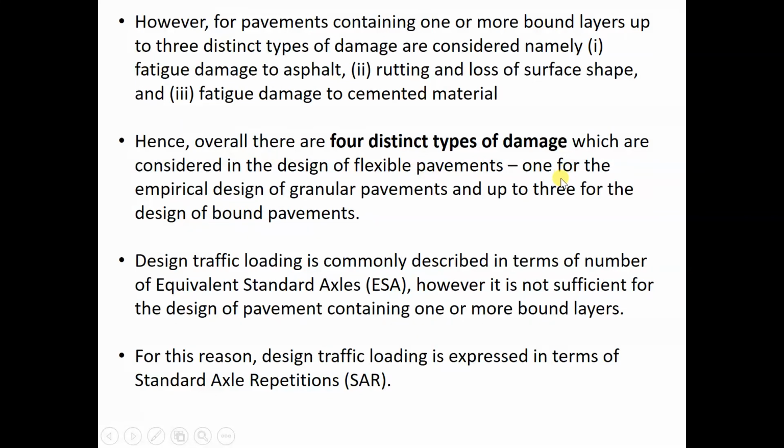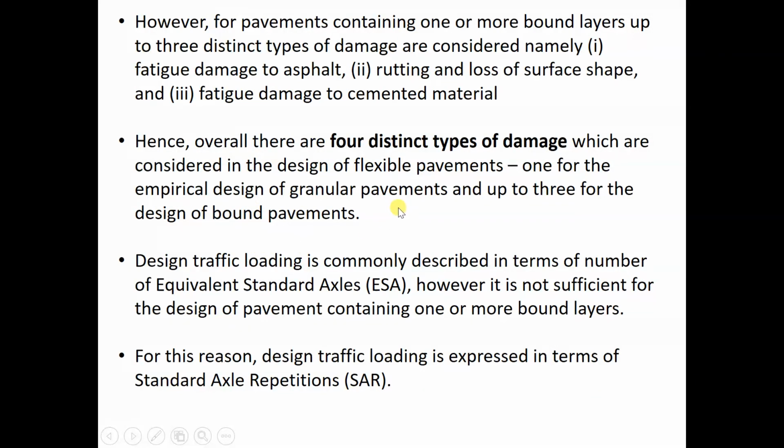Okay, so 4 distinct: one for the empirical design, granular pavement, and up to 3 on the design of bound pavement. So if it's empirical design, whether you use the rational formula or CBR methods, or using the mechanistic design, there's only one damage, which is the subgrade.